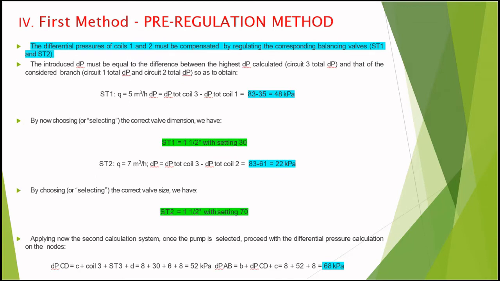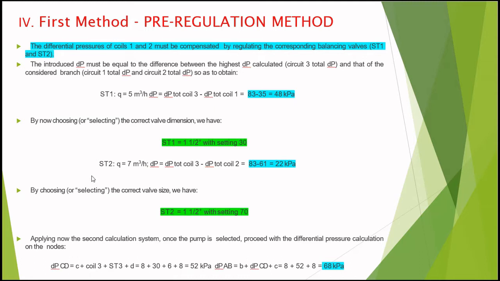The differential pressure of coil 1 and 2 must be compensated by regulating the corresponding balancing valves ST1 and ST2. That's why we did not substitute ST1 and ST2 when we calculated the dP there. The introduced dP must be equal to the difference between the highest dP calculated, circuit 3, and that of the considered branch circuit 1, and circuit 2, that total dP.